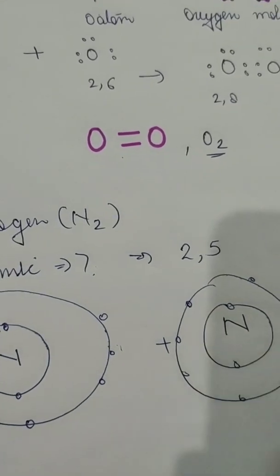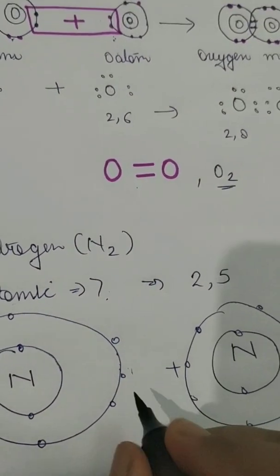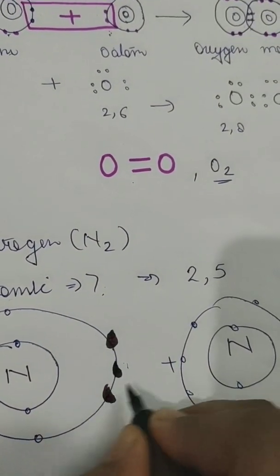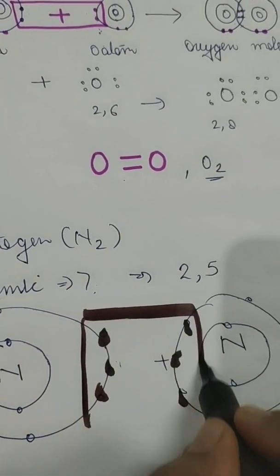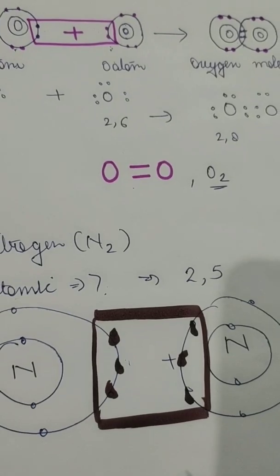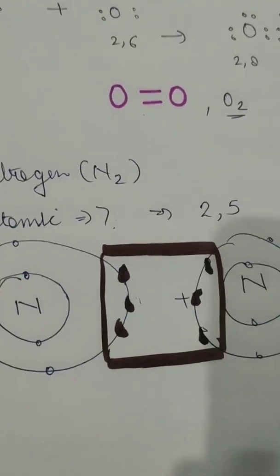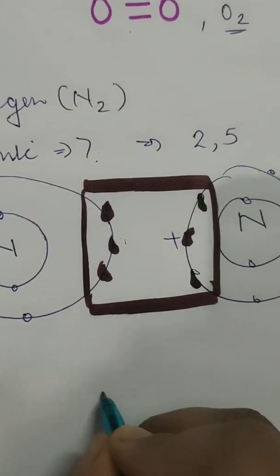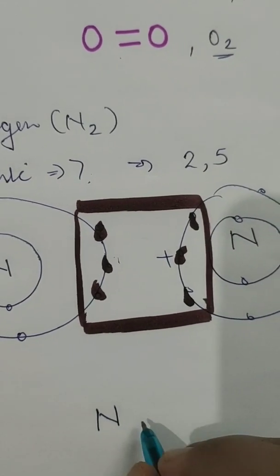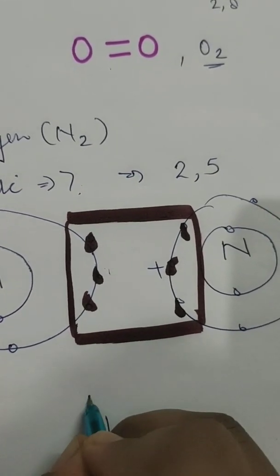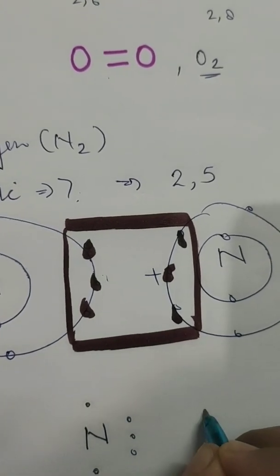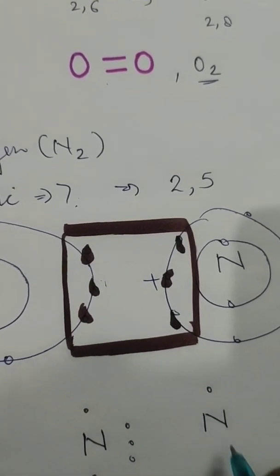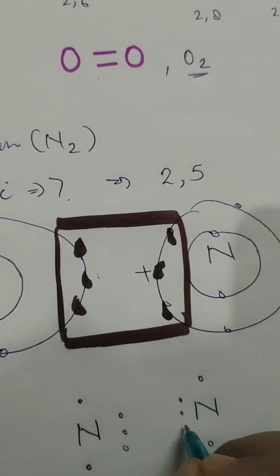So these 3 electrons, I'll show you, they will be sharing like this. So it will become nitrogen with 2 here and 3 here, and the other nitrogen will also have 2 here and 3 here.